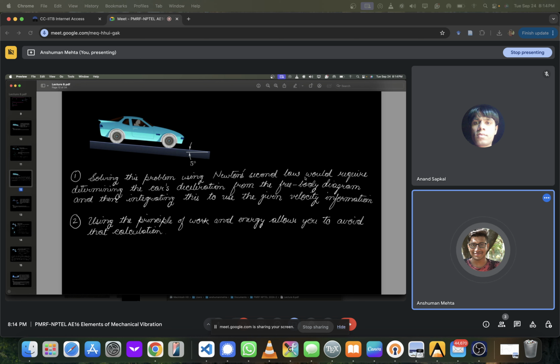So that is one way, and another way is by using momentum conservation. Using the principle of work and energy, it also allows you to avoid that calculation.